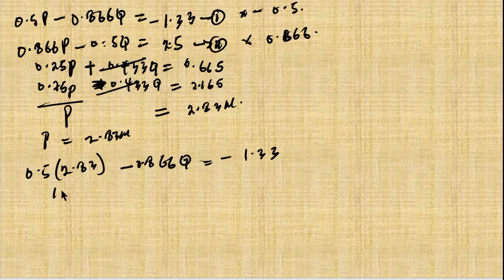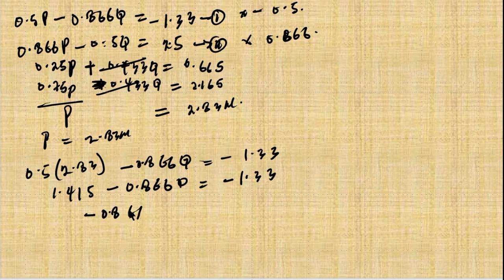So 1.415 minus 0.866Q is equal to minus 1.33. 1.415 goes to the other side, so I'm left with minus 0.866Q equals minus 1.33 minus 1.415.